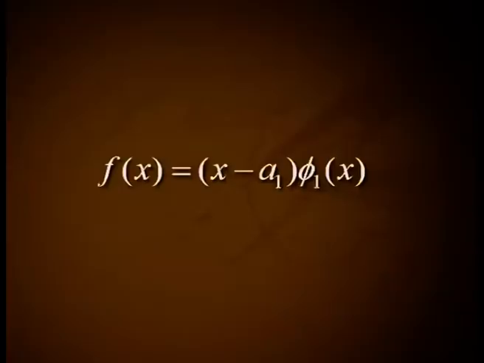Then f of a1 equal to 0, and hence by the factor theorem f of x is divisible by x minus a1, so that f of x equal to (x minus a1) into phi 1 of x, where phi 1 of x is a polynomial function of degree k. By the induction argument, phi 1 of x has exactly k roots, hence f of x equal to 0 has exactly k plus 1 roots. We conclude that every polynomial equation of degree n greater than or equal to 1 has n roots.